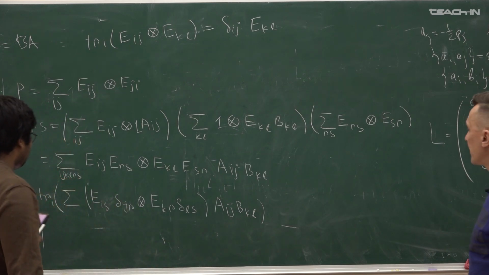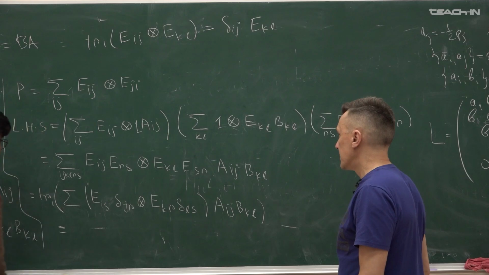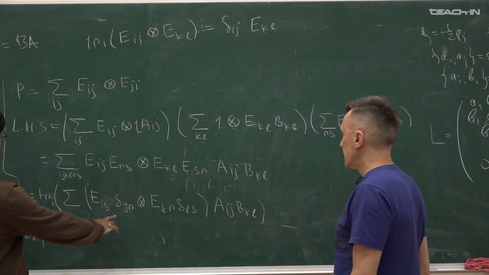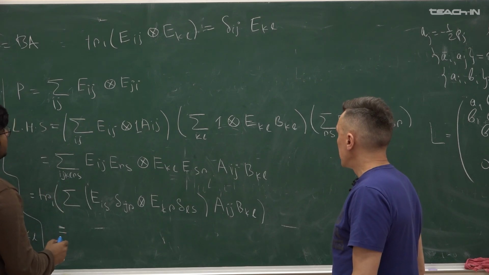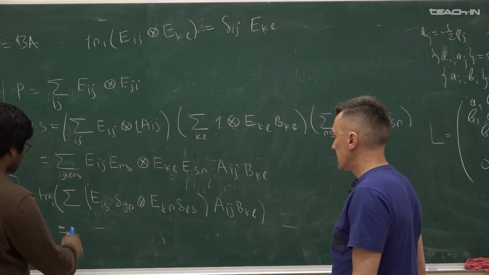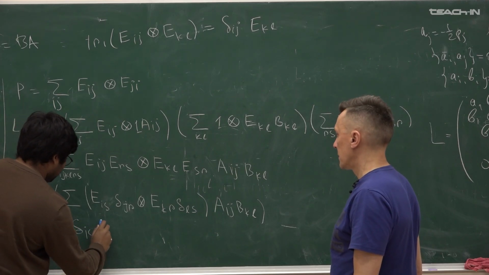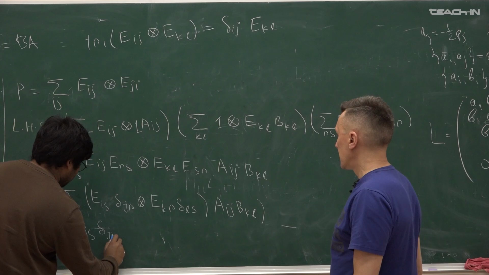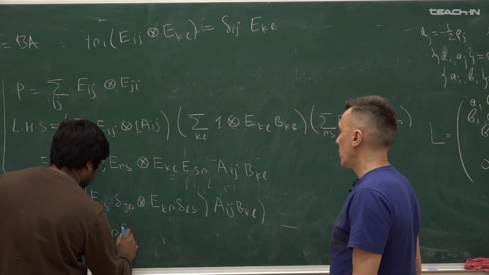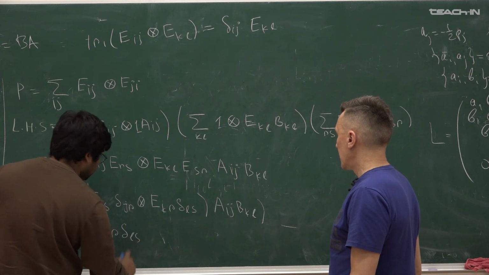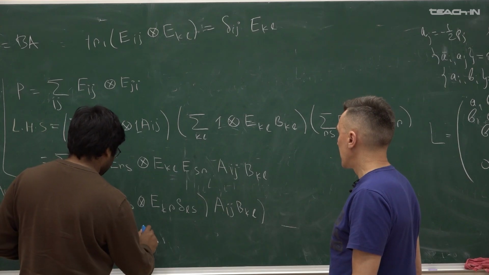Exactly. Now we can use it here. It will give me delta IS, delta JR, this delta also over here, delta LS, and that's it.